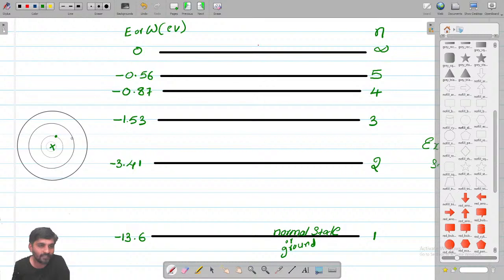Now when you are supplying some energy to it, what happens, sir? It will move from this state to the next state. When some energy is given to the electron, it may jump to the next state, which is away from the nucleus.